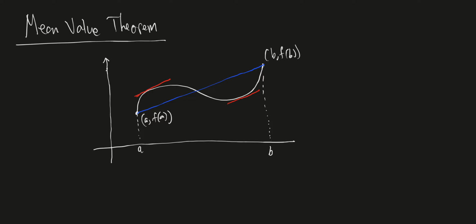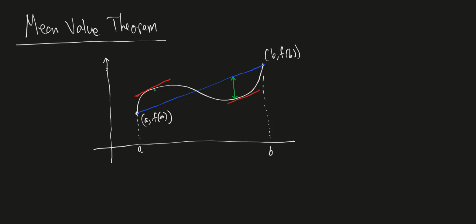Now, in the proof, there will be a second function that's defined, and this second function is basically going to measure the vertical distance between the secant line and the curve itself.